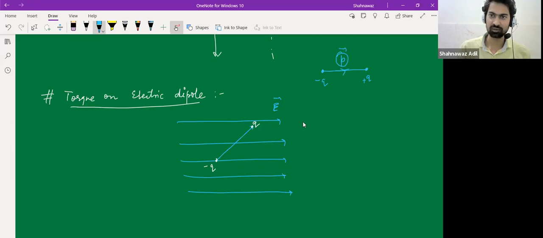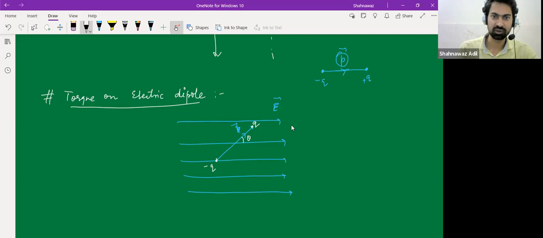Am I correct, Aisha and Mariam? Yes. So this P vector is making an angle theta with this electric field. Understood, guys?